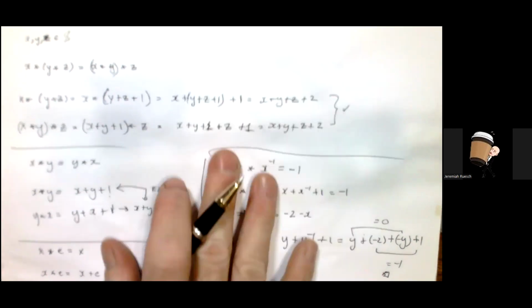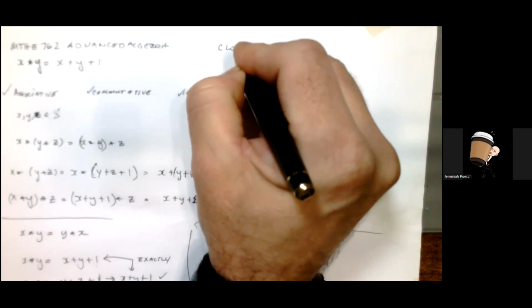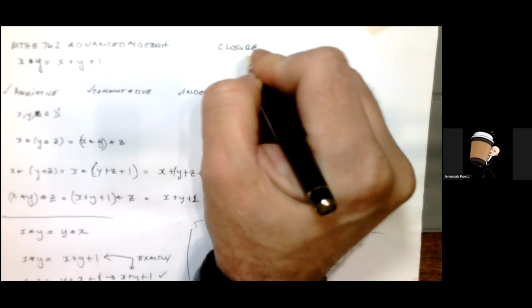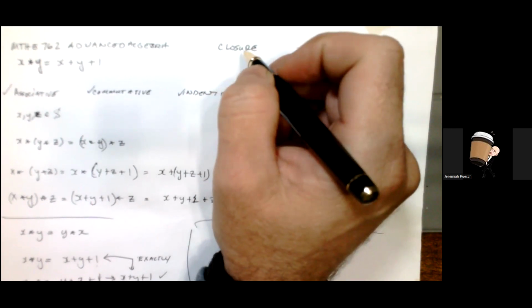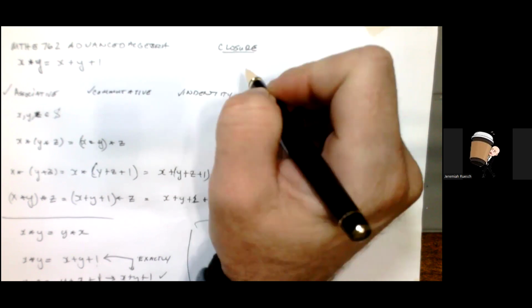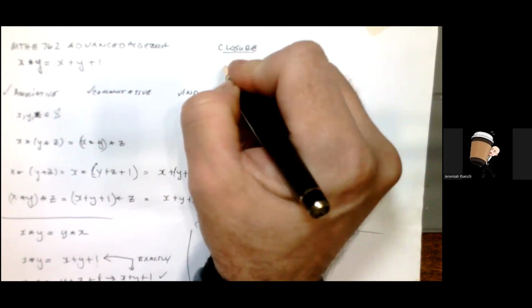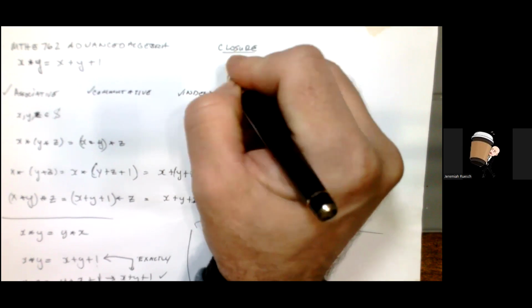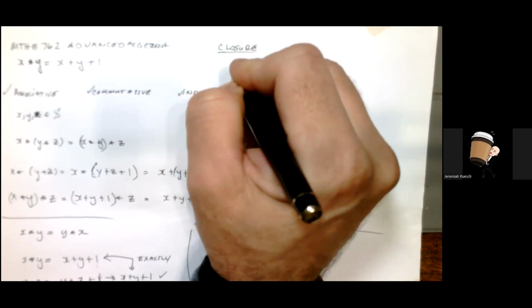So we could check closure. So we didn't check, but we could check closure, making sure that this thing is closed, and that would depend on where we're pulling our elements from.